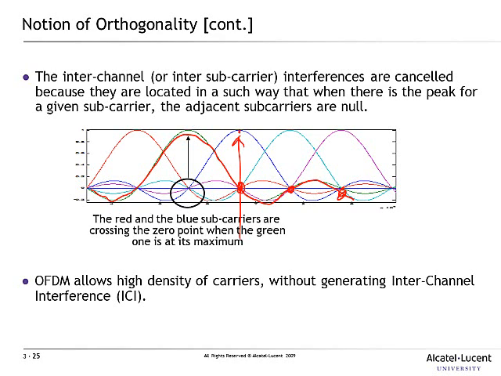Now in FDM systems we keep the bands separated by a guard band because we don't want transmission on one band to affect the transmission on the other. But here we have designed our subcarriers in such a way that there will be no such interference. So we are bringing our subcarriers even closer in such a way that there is no interference. This is a key point here: the interchannel interferences are cancelled.